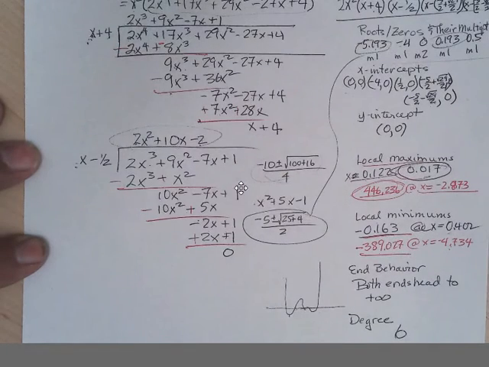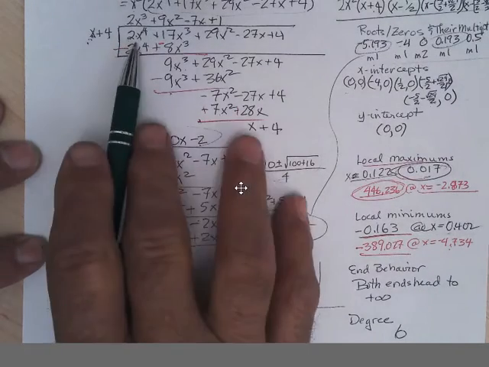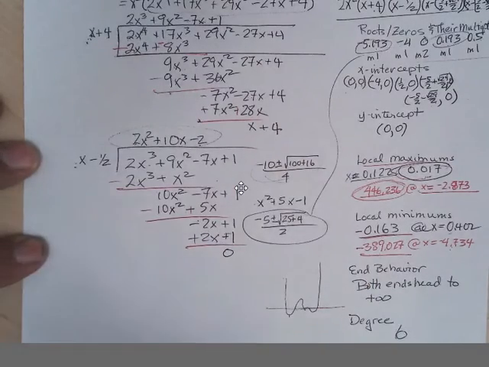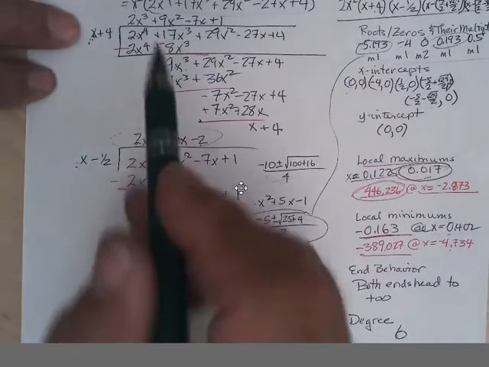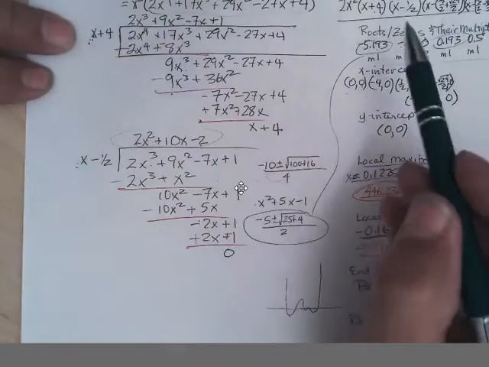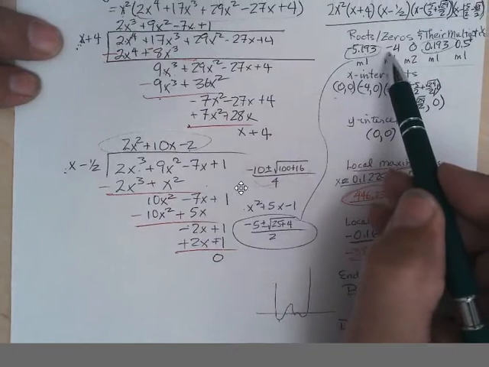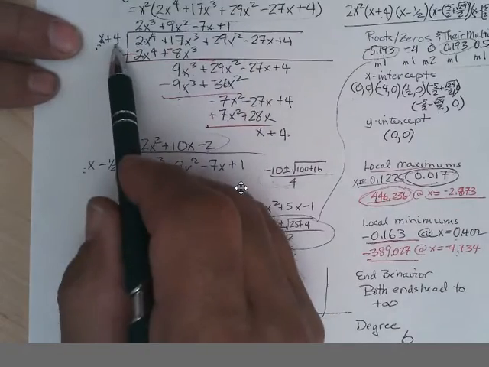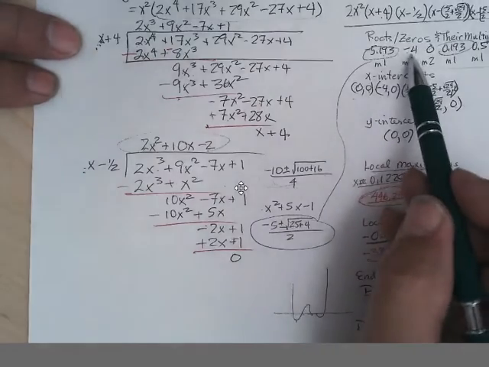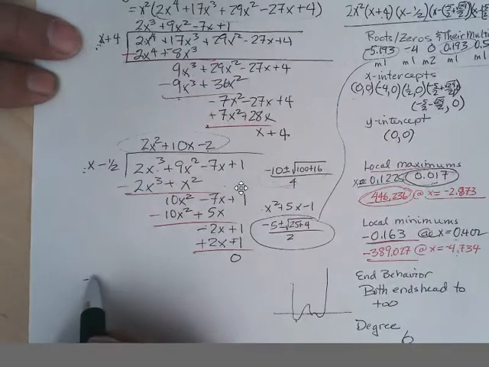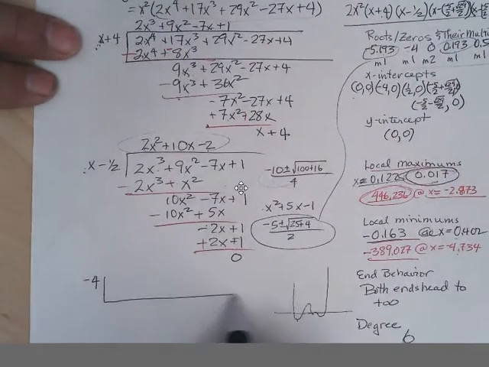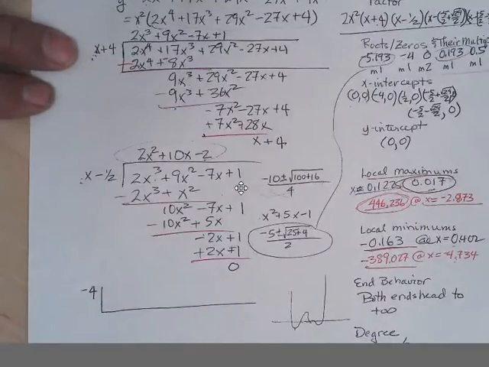So now I want to talk about how to do these long divisions with synthetic division. To do synthetic division, we use the actual root, the 0, the -4. The factor is x plus 4, but the 0 is -4. So we put -4, and then we put the coefficients of the polynomial in decreasing order.